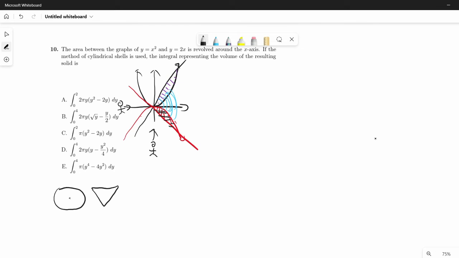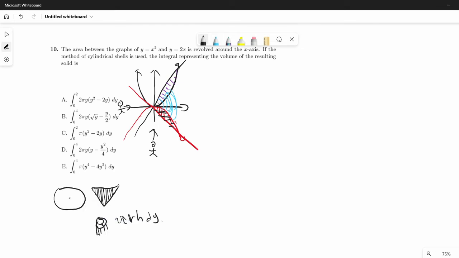So now what we're doing is taking these shells, right? Each shell, like so, and we drop it down. Each shell has an infinitesimally small width, but then each shell will be 2 pi r times h, and then with the dy, we can calculate the volume, since we're taking each single shell very small.